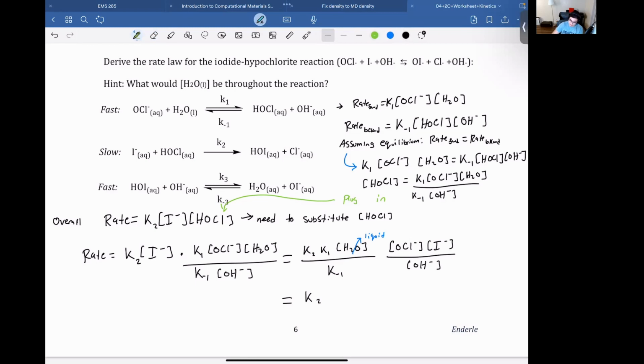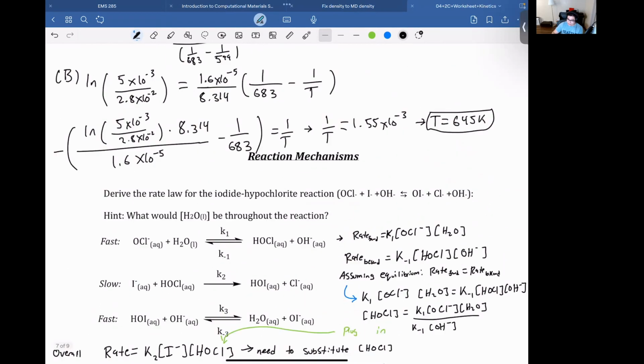And then these things we're going to lump together as K. So this is K times the concentration of OCl minus times the concentration of iodide over hydroxide. Would you look at that? That's what we got on page 2 with that data table. Then this is it, right?